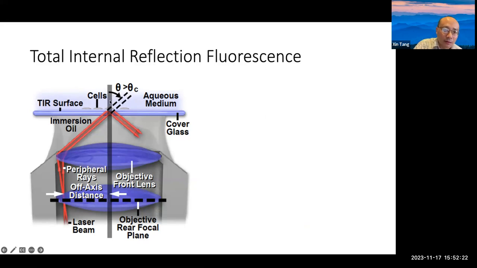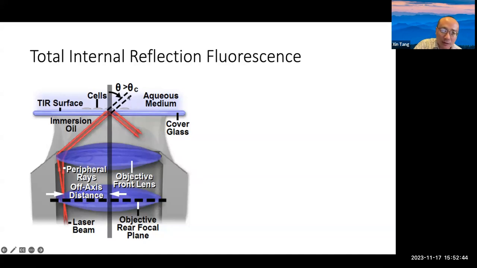Now we need to use the light to excite these cells. So the light comes out from the objective, goes through the glass bottom of the petri dish, penetrates through the glass, and then gets into the water.